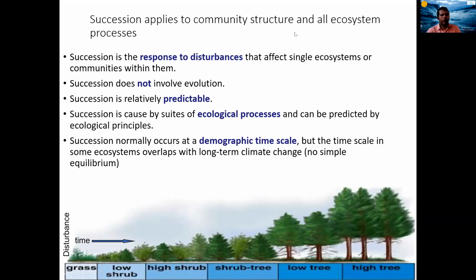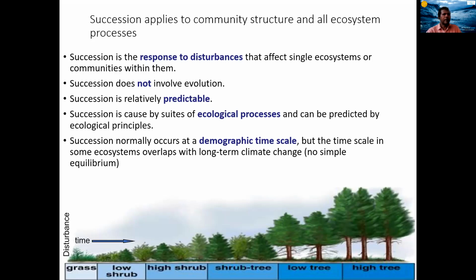Right? And the other thing is, in many cases, it's a little bit predictable, right? Because if you clear a land, you can basically imagine what kind of plants will appear.